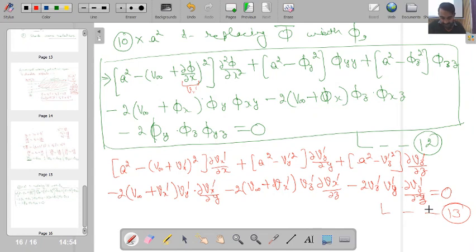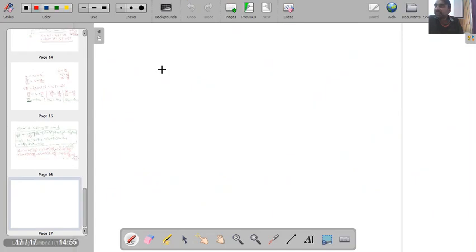One important point is that in my equations 12 and 13, a parameter is still unknown. We have not yet expressed it in terms of either Vx dash, Vy dash, Vz dash, or phi. So how can we do this? We have to present it by taking the help of the energy equation.